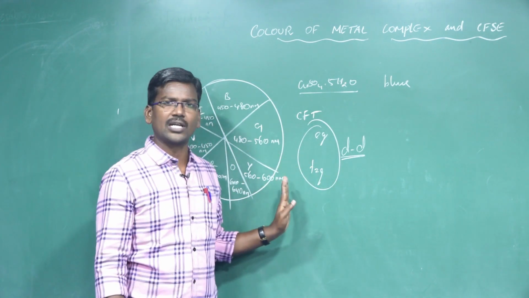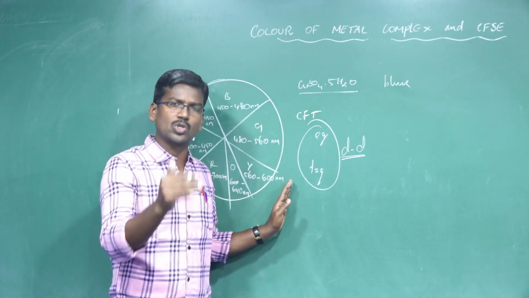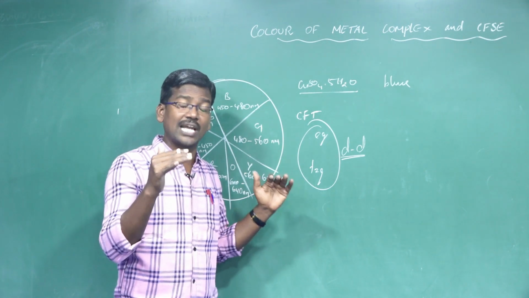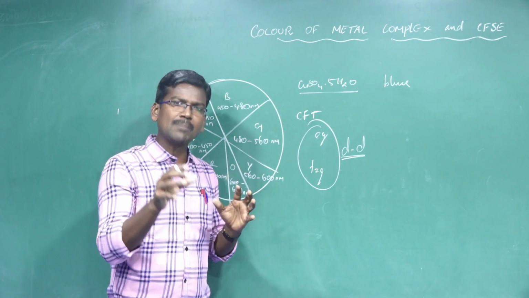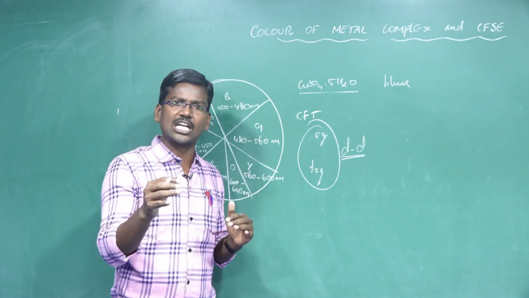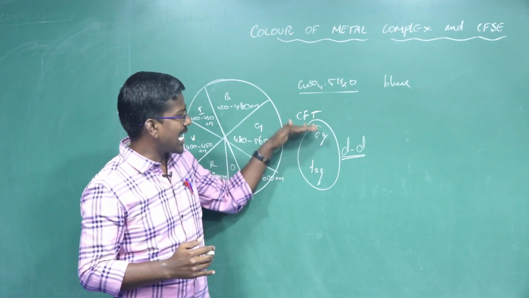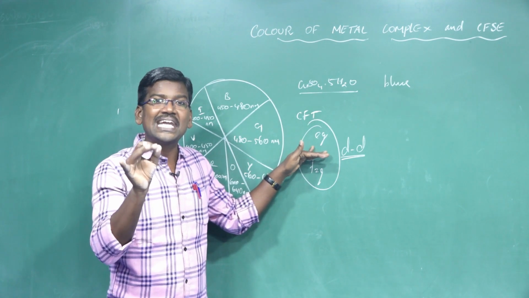Excitation of an electron is from one energy level to another when light radiation from the visible region is absorbed. At the absorption maximum, a d electron transitions from the lower energy level to the higher energy level, from t2g to eg, known as a d-d transition.